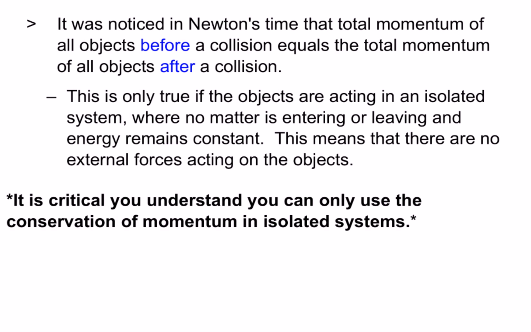Now we're going to look at conservation of momentum. When objects collide in an isolated system, which means no energy entering or leaving, so a system where the total amount of energy stays constant, that means we have no other external forces at play. If that's the case, our total momentum before and after is conserved, so the totals before and after are the same.